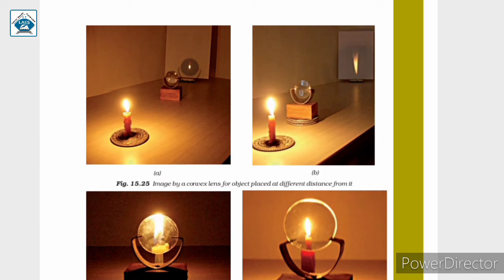The answer to this question is that the image is real, because we know that the image that we can obtain on a screen is a real image. Here the image can be obtained on this screen over here. That is why this image is a real image. Now you need to vary the distance of the candle from the lens and again try to obtain the image of the candle flame on the paper screen.